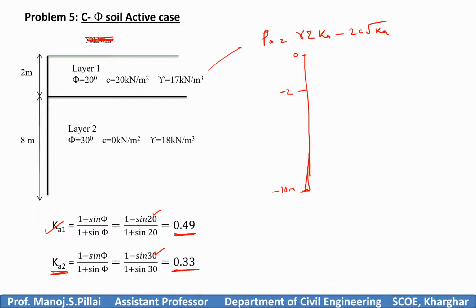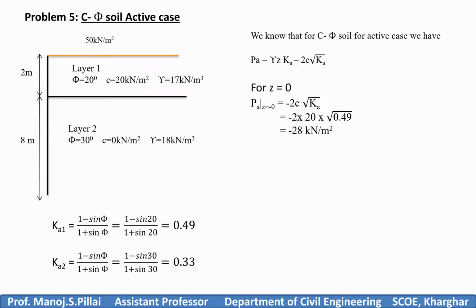Now what I have to do is, at z equal to 0, determine the Pa value. At z equal to 0, this term becomes 0 because z equal to 0 I am taking. So it is equal to minus 2c under root of Ka. Which Ka? Ka1. At z equal to 0, you will only remain with this part.